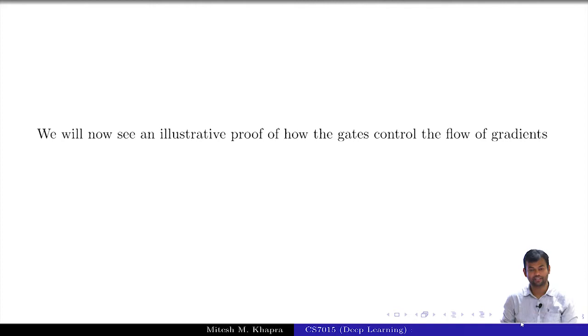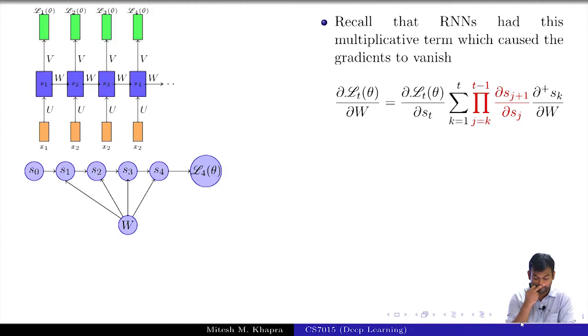We'll now see an illustrative proof of how the gates control the flow of gradients, right? Recall that this is the flow diagram, or the dependency diagram, that you had for RNNs. Because you were dealing with an ordered network, you had these explicit and implicit derivatives, and finally you came up with this multiplicative form.